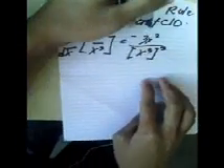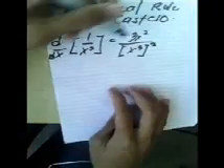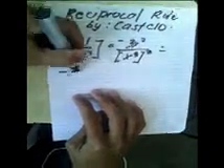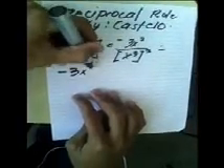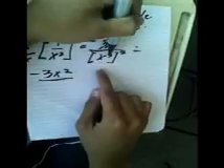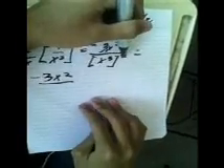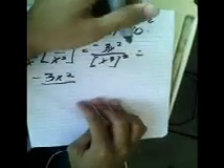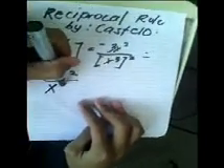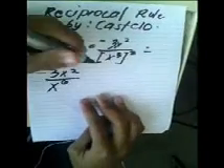Okay, after we find the derivative, let's simplify it. Copy the numerator, then x cubed squared is x to the 6th.